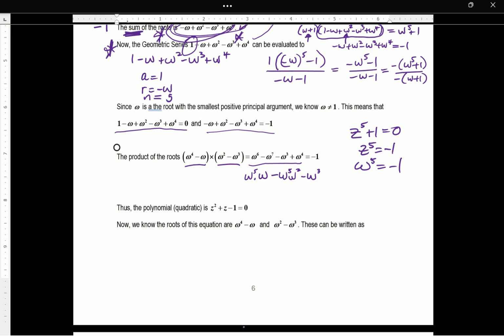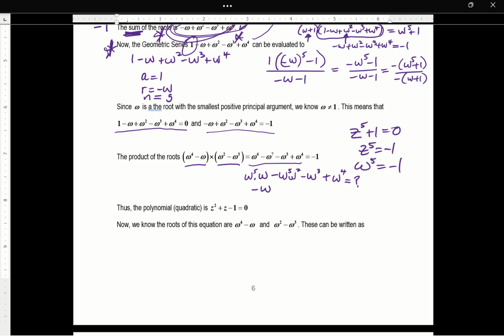And w^4 is w^5 times w minus 1, if you like, or you can leave it as w^4 because we've actually got a relationship for that one. So wherever you see a w^5, that equals minus 1.